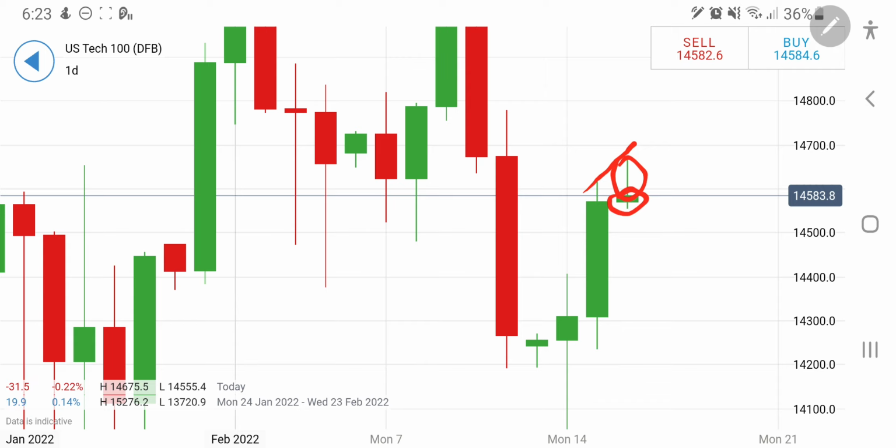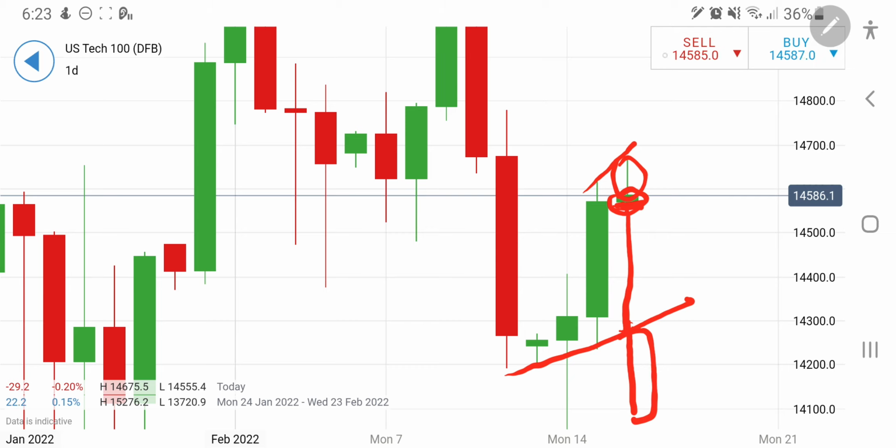However, it has its support fairly in place at 14,570, 14,550 levels. If you see it breaking below 14,550, how far could this drop? It can again try to come back towards 14,300 and 14,280 levels. Remember, breaking this zone at 14,280, it can break sharply towards 14,100 again.